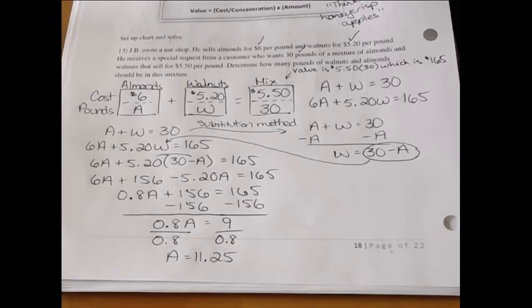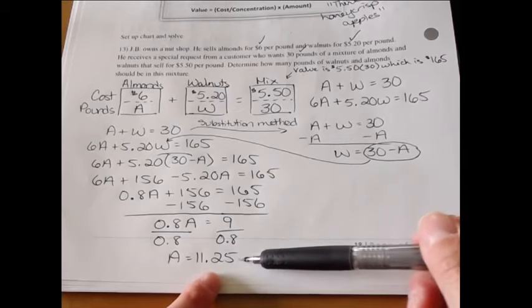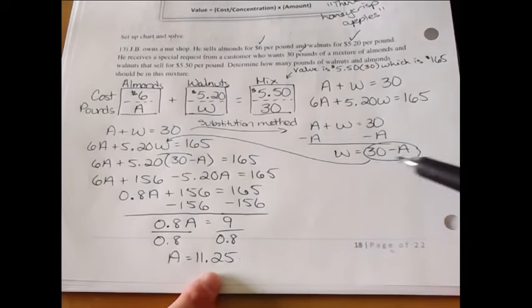While that is fantastic because we found one of the answers, we know we are not done with this, simply for the fact that we have an A and we have W. So we have two unknowns, which means we need two answers. What I would recommend to all of you is that if you know that A, the pounds of almonds, is 11.25 pounds, then why not take this answer and plug it into this equation.